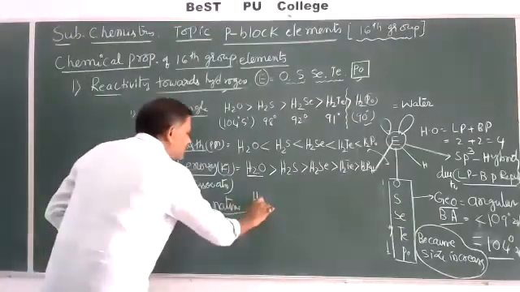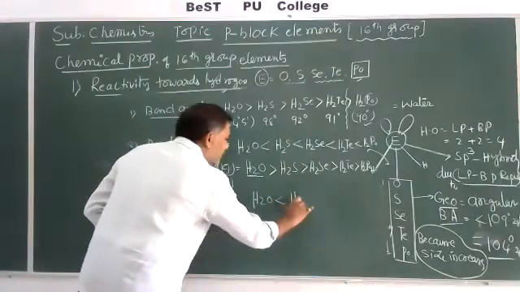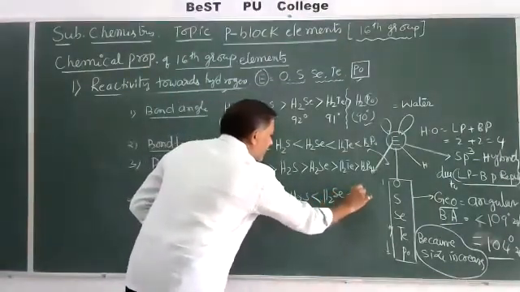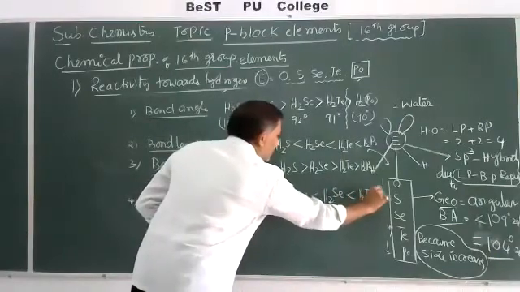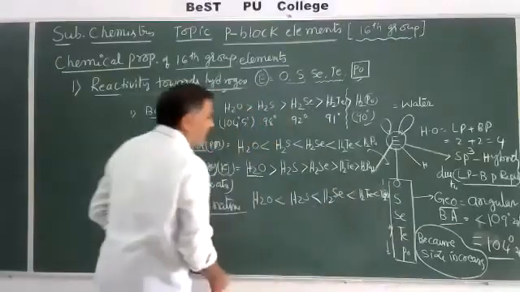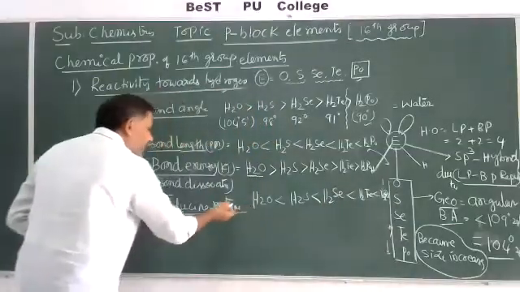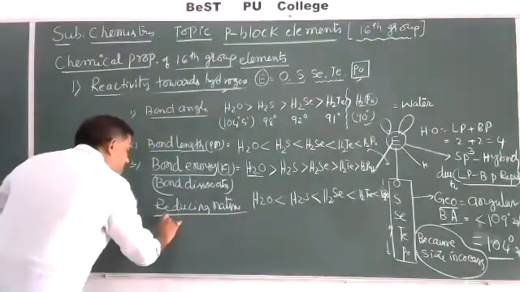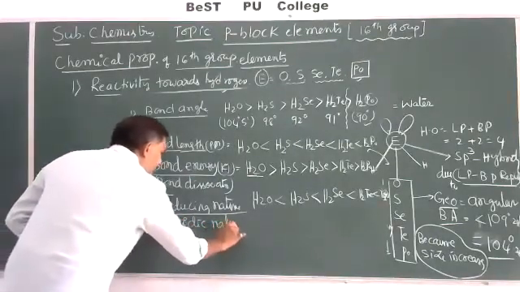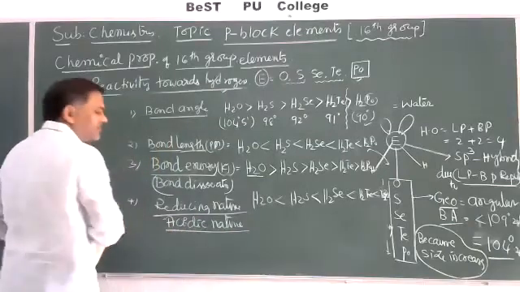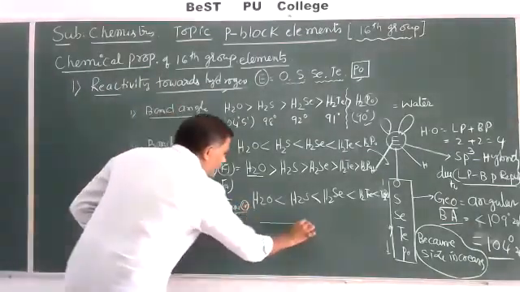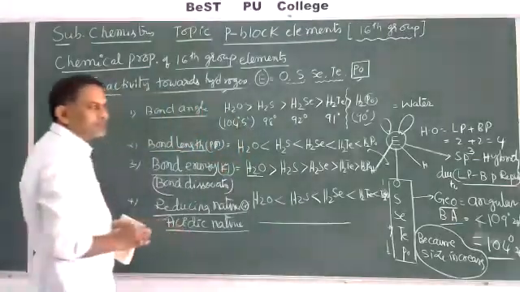So H2O is less than H2S, less than H2Se, less than H2Te, less than H2Po. The acidic nature follows the same trend. So reducing nature as well as acidic nature are both the same.